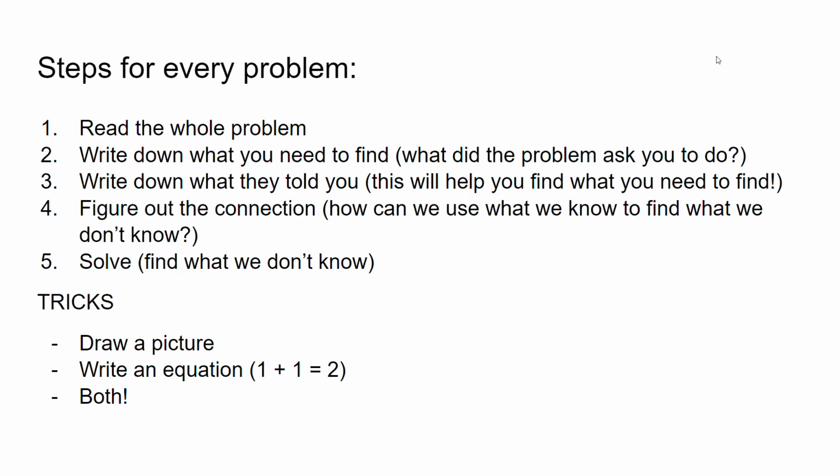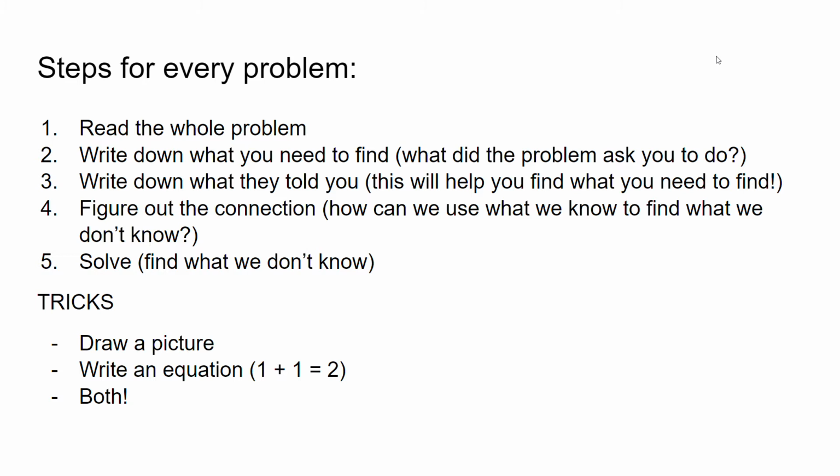And here are some tricks. If there's a problem with lots of numbers and they say something about buildings or a boat crossing a river, something that might be confusing to just read in words, you can draw a picture if you want. Or for most problems, sometimes if they don't need a picture, the thing you're going to want to do the most is just write an equation.